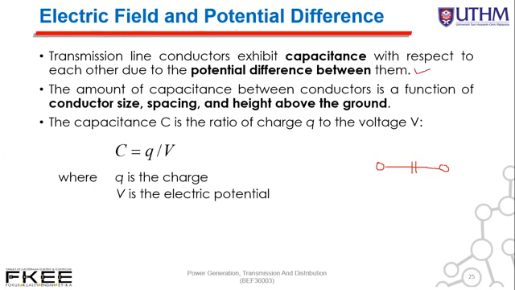The amount of capacitance between conductors is a function of conductor size, spacing, and height above the ground, while the capacitance C is the ratio of charge Q to the voltage V. This is the formula to calculate the capacitance: Q divided by V, where Q is the charge and V is the electric potential.